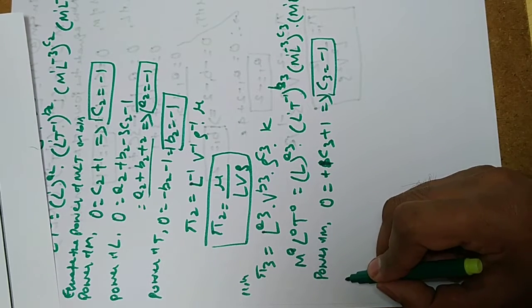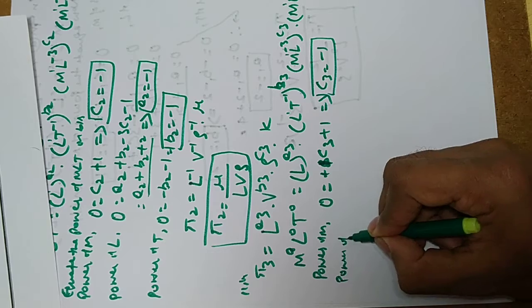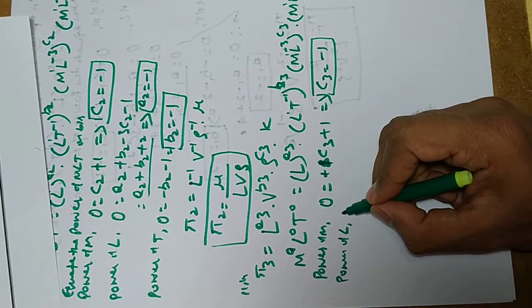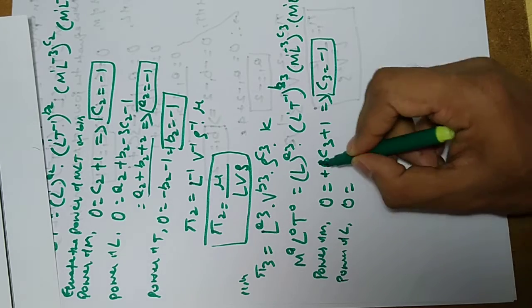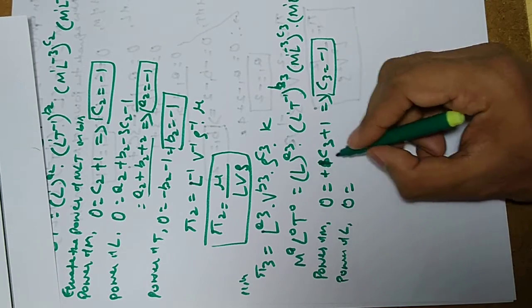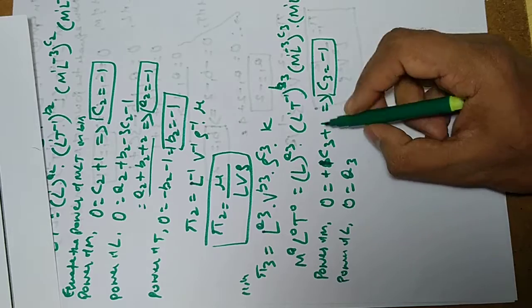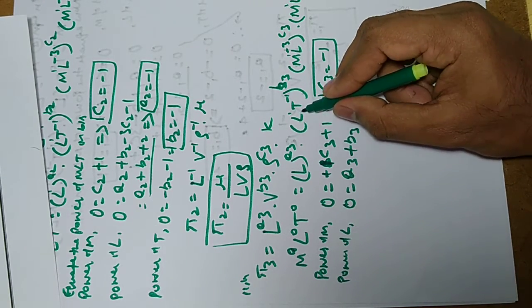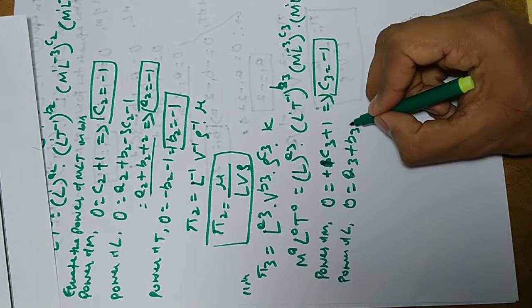Next, the power of L. Go slowly. The power of L on the left hand side is 0. On the right hand side, L to the power of a3 plus b3, a3 plus b3.